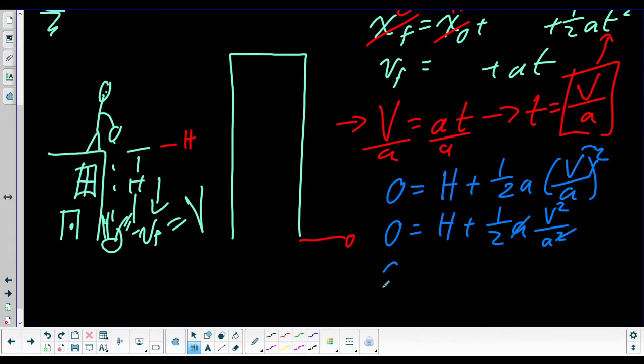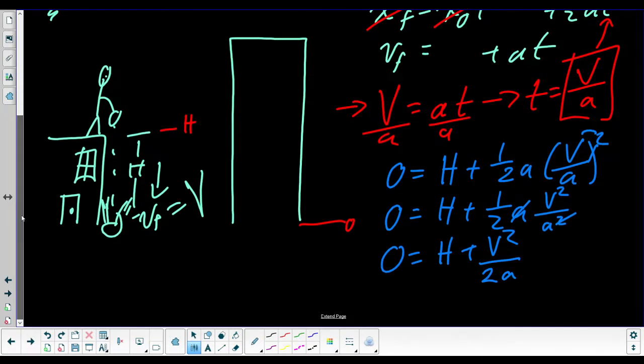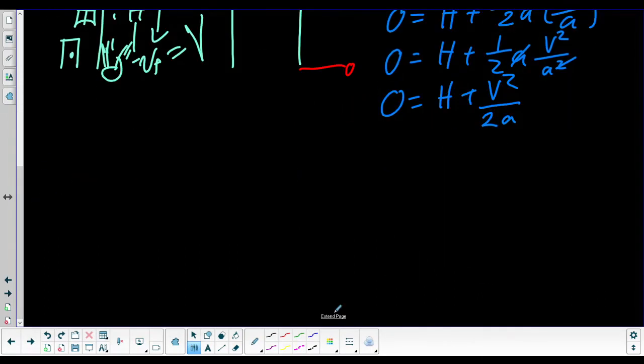So we have 0 equals h plus v squared on top and 2a on the bottom. So let's go ahead and just move this over, and we'll get an expression for h. So h equals negative v squared over 2a.